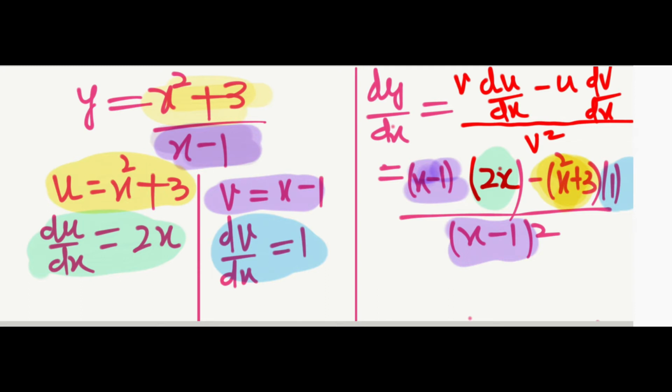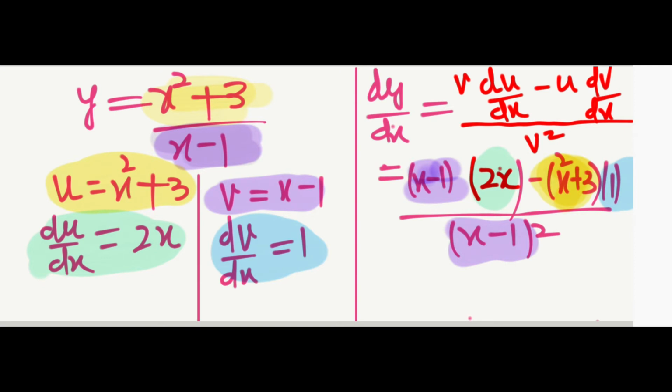Friends, here I have used color codes so that it is better for you to understand when we substitute the values. Now, as you have done earlier also, when you take these two functions, take their respective derivatives also. So, when u is x square plus 3, we get the derivative du upon dx as 2x.